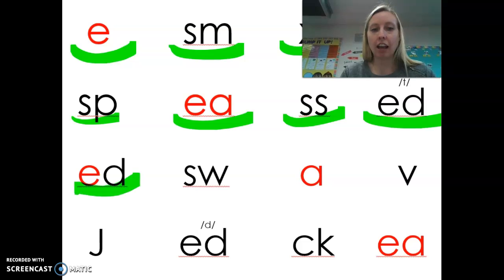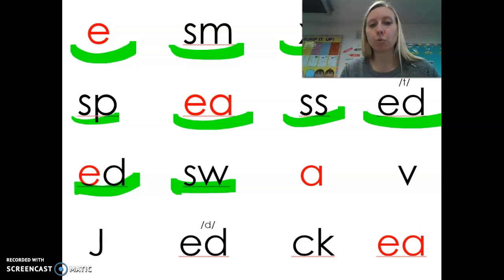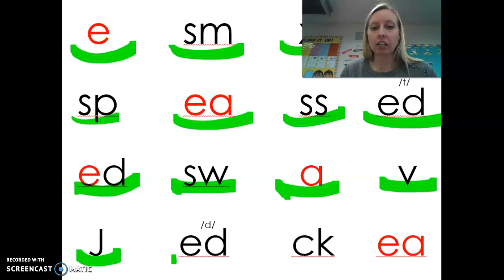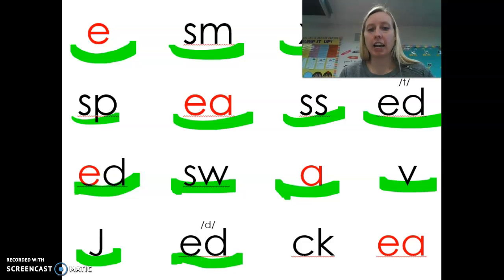T, ed, or d. 3, 2, 1. Sw. 3, 2, 1. V. 3, 2, 1. J. 3, 2, 1. T, d, or ed. 3, 2, 1.